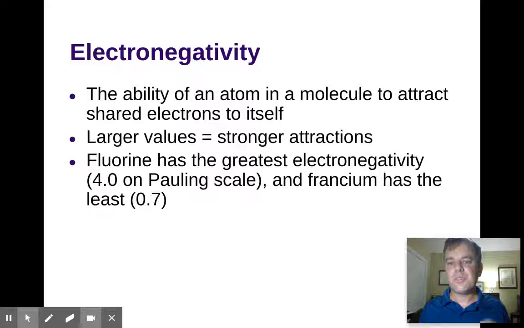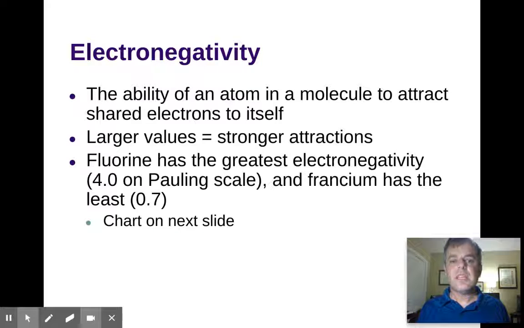They're scored on a 0 to 4.0 scale, called the Pauling scale. Fluorine has the greatest electronegativity, it's a 4.0. Francium has the least. And generally speaking, the noble gases don't really have electronegativities because first you'd have to convince them to create a covalent bond.